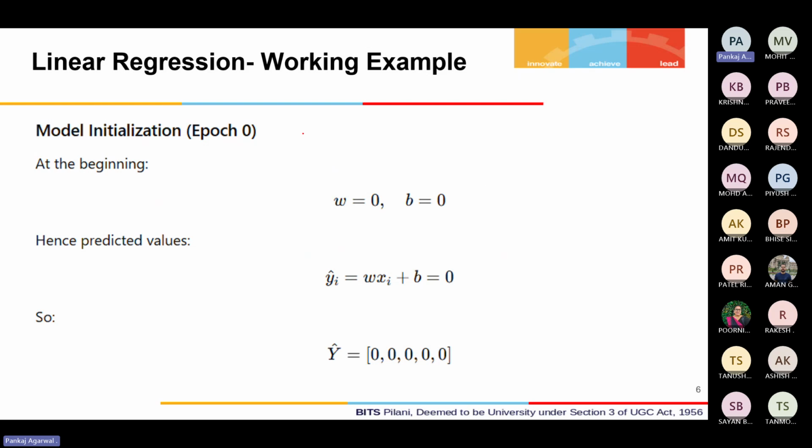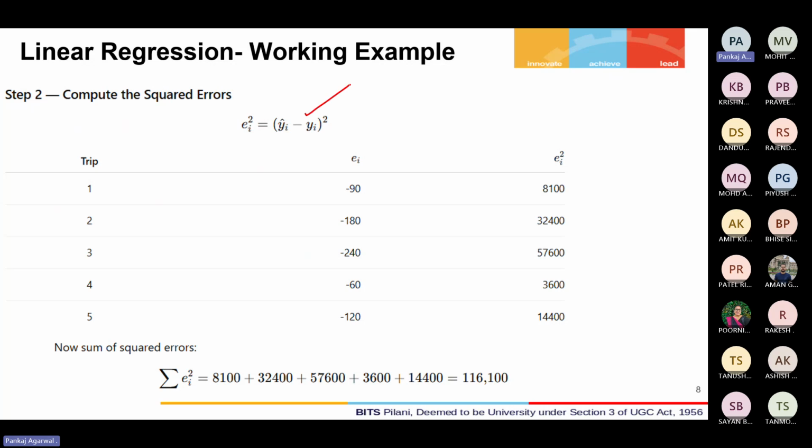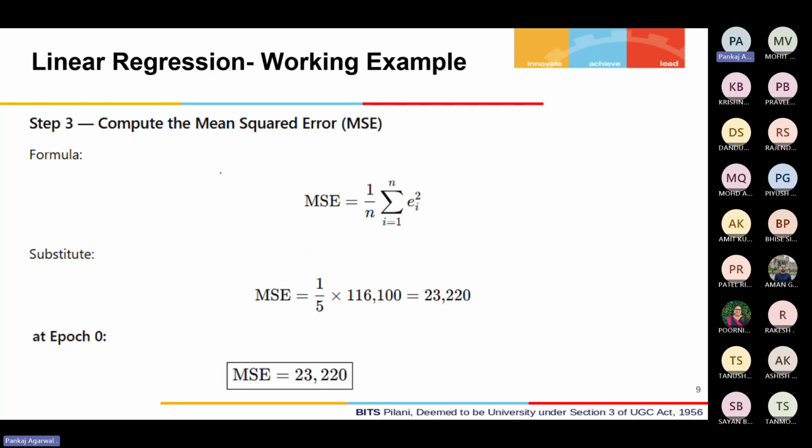Then I started with epoch 0, how things happen with the assumption of these weights. I showed you the computations. We computed the error and then took the square of this error, and then we computed the mean square error. This was after epoch 0.